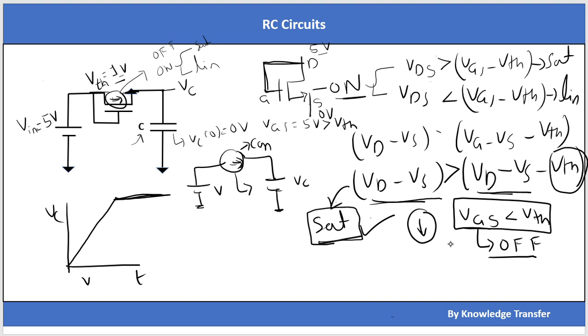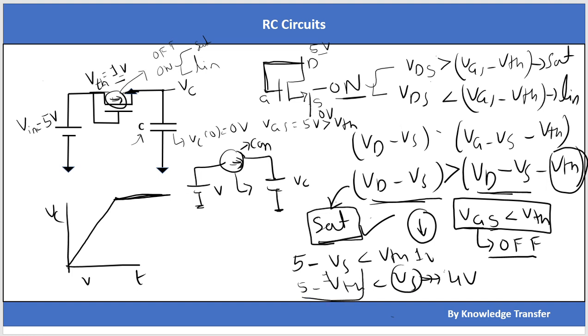At what voltage of VC will the MOS turn off? Let's assume when VGS is less than VTH. So VG is always 5 volt minus VS, with VGS less than VTH. VTH we know is 1 volt here. So if I find VS, 5 minus VTH less than VS, that means if I substitute VTH as 1 volt, when VS reaches 4 volt, after 4 volt the MOS will go into off state.